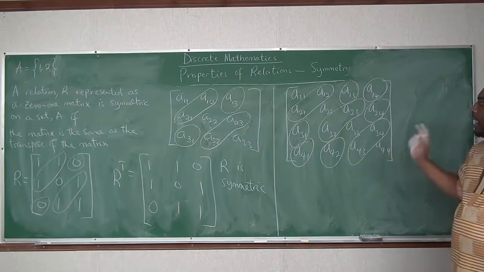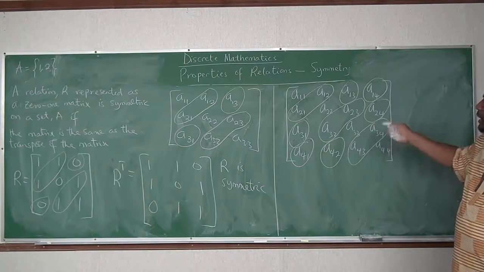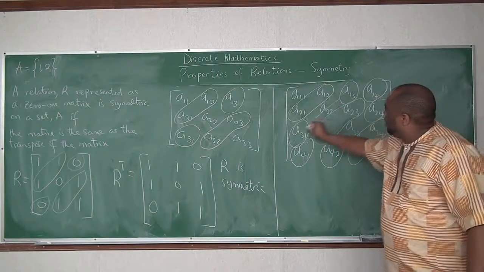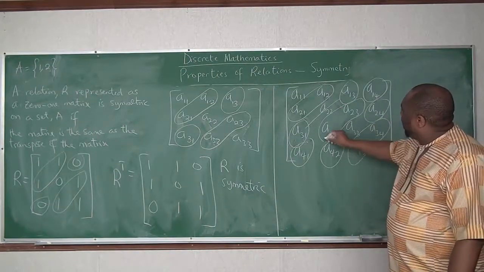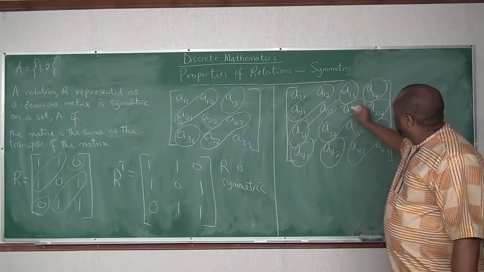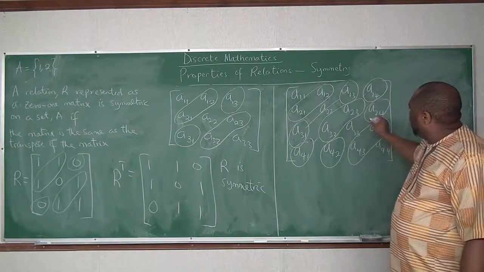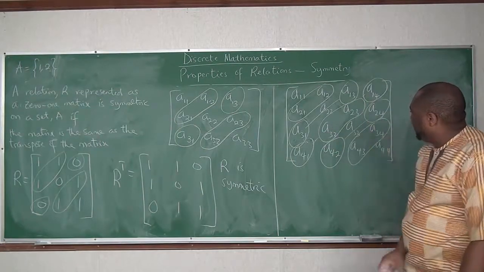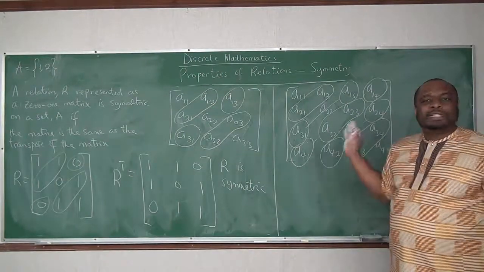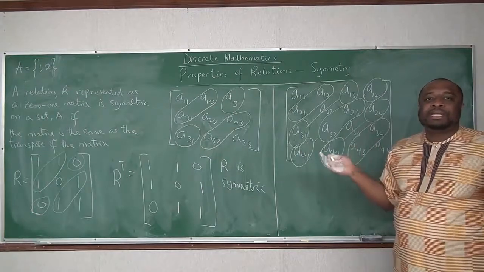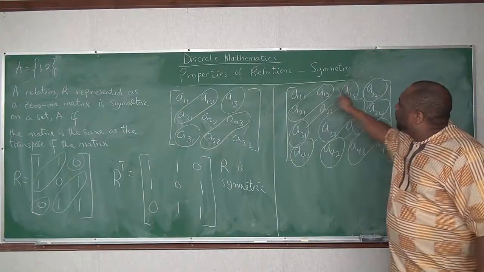Okay? A12, A21, A13, A31. These two. A32, A23, A41 and A14, A24 and A42, and then A34, A43. Or you just transpose it. If you transpose it, now this should always be the same.